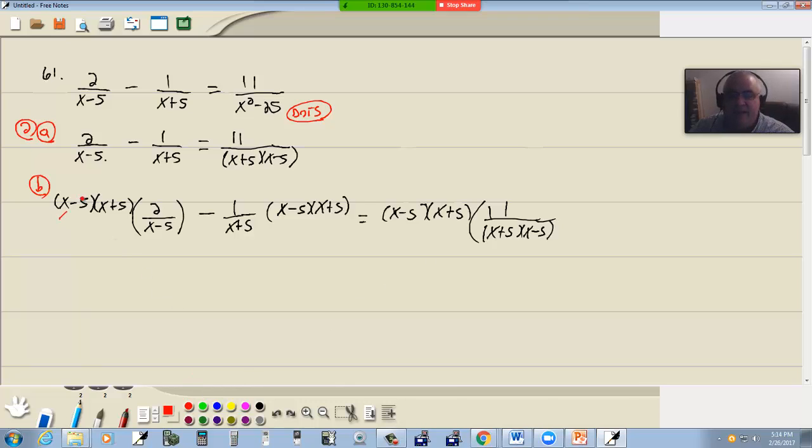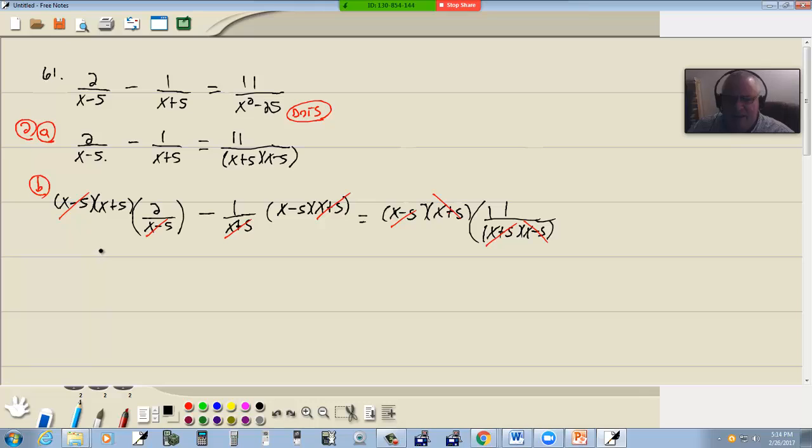When we do that, this x minus 5 cancels this x minus 5. This x plus 5 cancels that x plus 5. This x minus 5 cancels that x minus 5. And this x plus 5. This x minus 5 cancels this x minus 5. And this x plus 5 cancels that x plus 5.